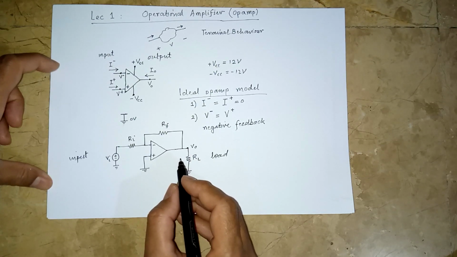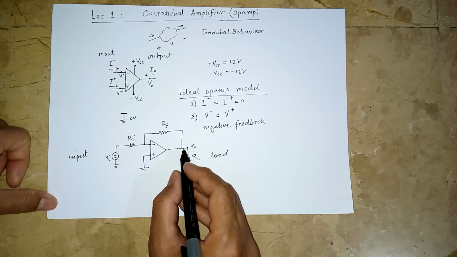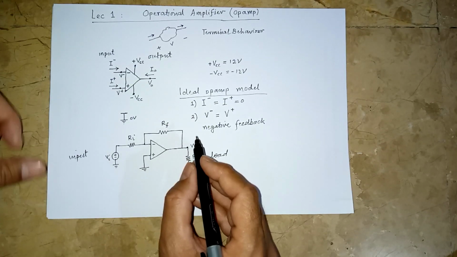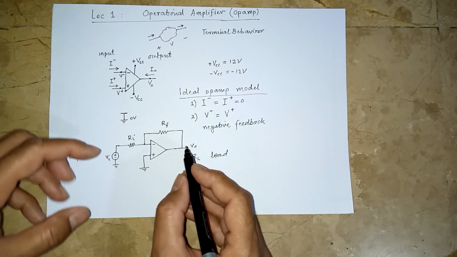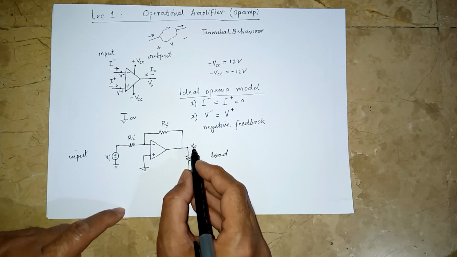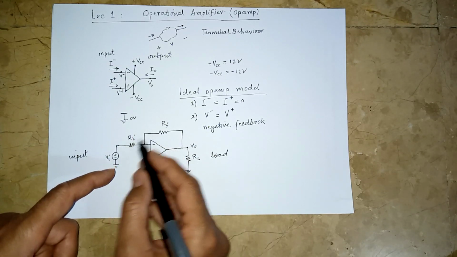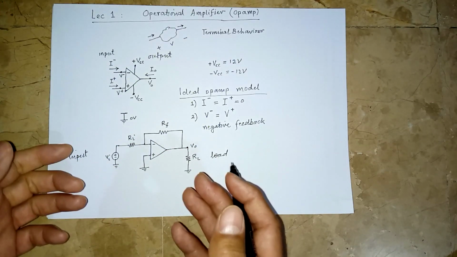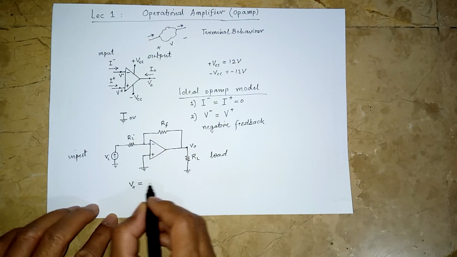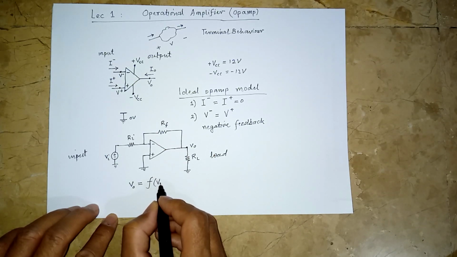Our task would be to find the output of the operational amplifier in terms of the input voltage. This is not usually what we do in circuits, but here our task is to find how the output voltage Vo is related to the input voltage in terms of other things that we know, for example RL, Ri, Rf, as a function of the input voltage.